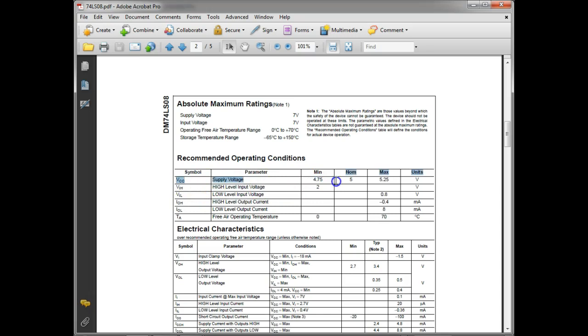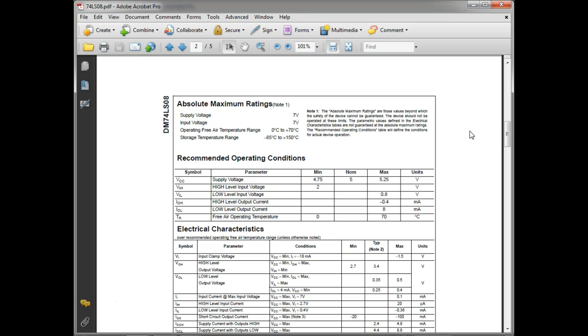VCC can be anywhere between 4.5 volts and 5.25 volts. So it's given a range because it is impossible for me, if I develop power supplies, to get every one of them exactly the same, right? Y'all understand that?